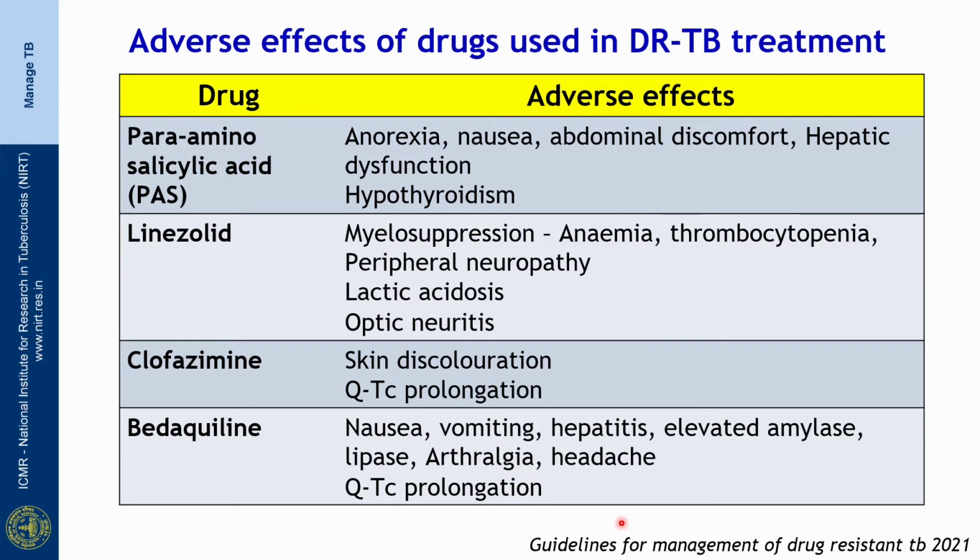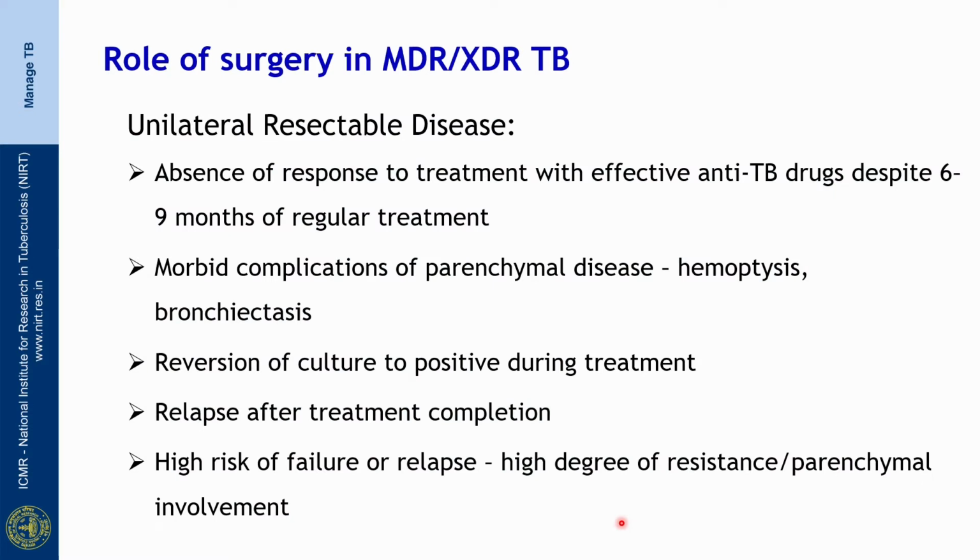Patients on linezolid need ophthalmic evaluation, especially children. Clofazimine has skin discoloration as well as QTc prolongation. Bedaquiline's main side effect is QTc prolongation, as well as nausea, vomiting, hepatitis, elevated amylase, lipase, arthralgia and headache.